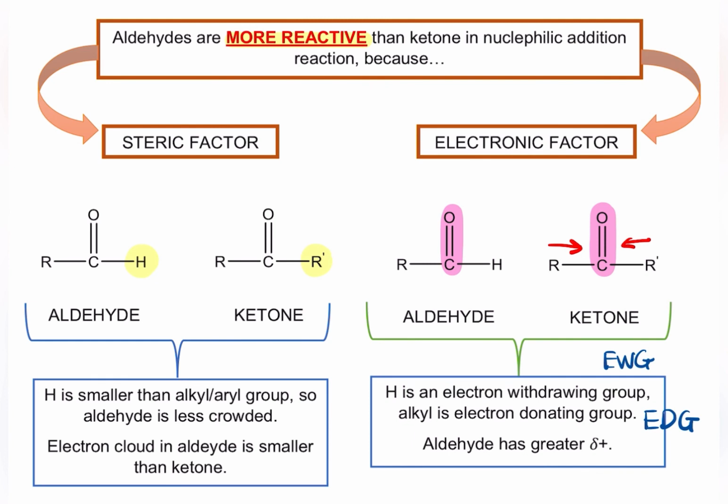Compared to that, aldehyde has only one alkyl group, and for aldehyde we have another special thing, the hydrogen. So it will go towards that direction. This makes aldehyde more electrophilic and more reactive to nucleophiles compared to ketone.